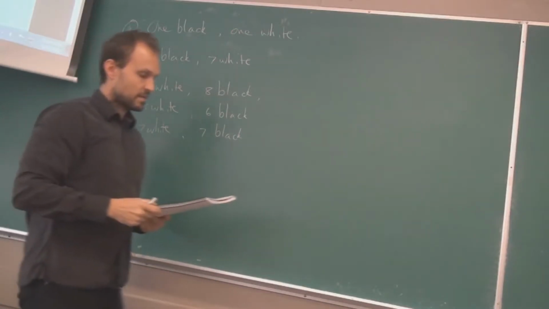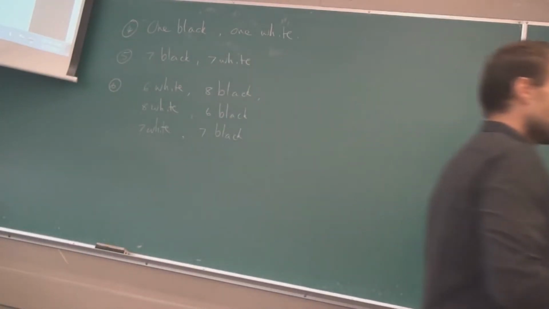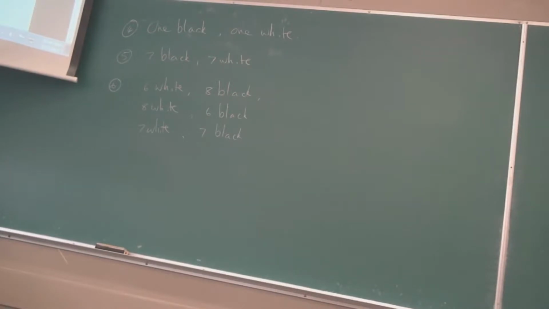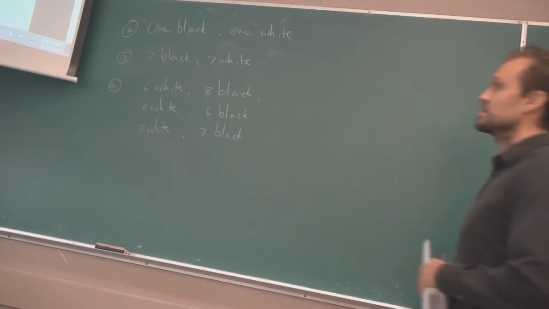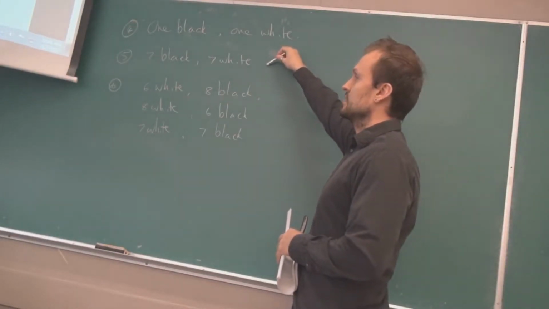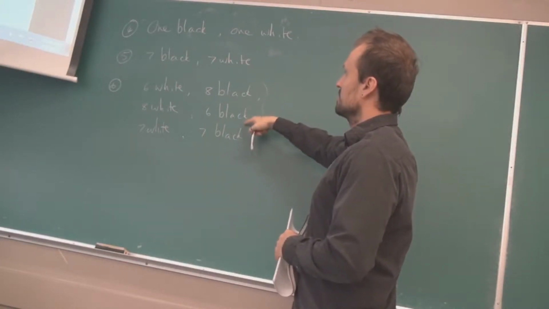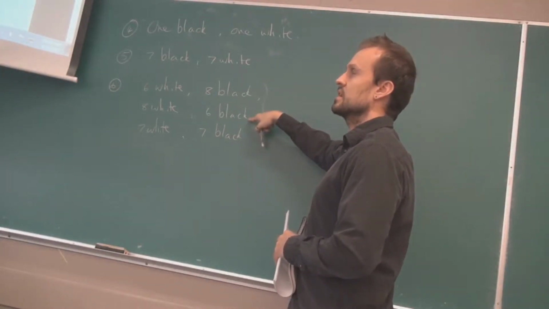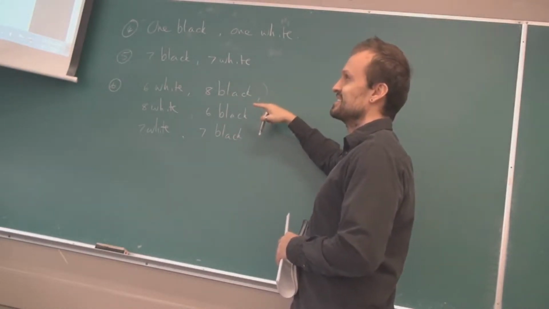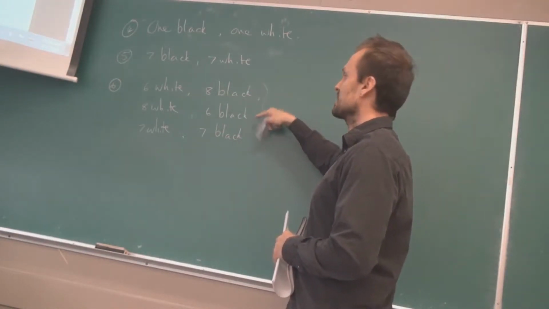Anything that black has to work with, if they have any chance of covering all the squares, they're going to have an equal number. So in these situations, B has no chance of doing it.